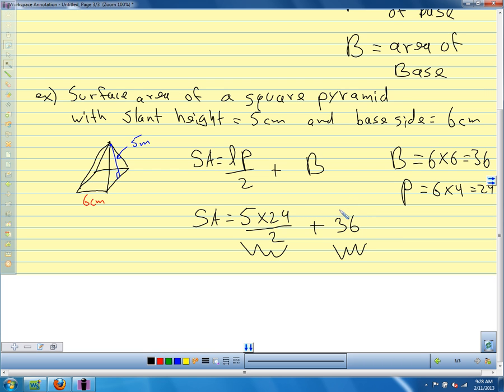So 5 times 24 is 120, and we divide by 2, so 5 times 24 divided by 2 gives me 60, plus 36, and finally I get 96. This should be centimeters, so 96 centimeters squared for my surface area.